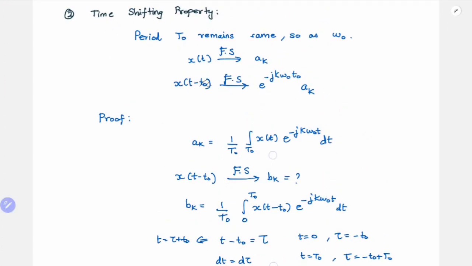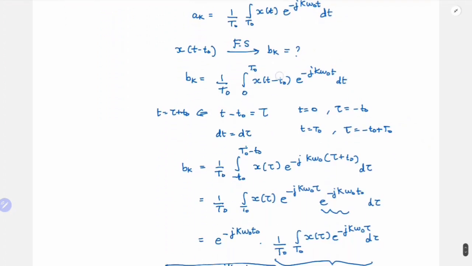Whatever shift by t0 is appearing as a constant term. And what is happening to the magnitude? Magnitude of bk is the same as magnitude of ak. Only the phase of bk is changing, so it comes as a phase shift in the Fourier series coefficient. The magnitude remains unchanged.